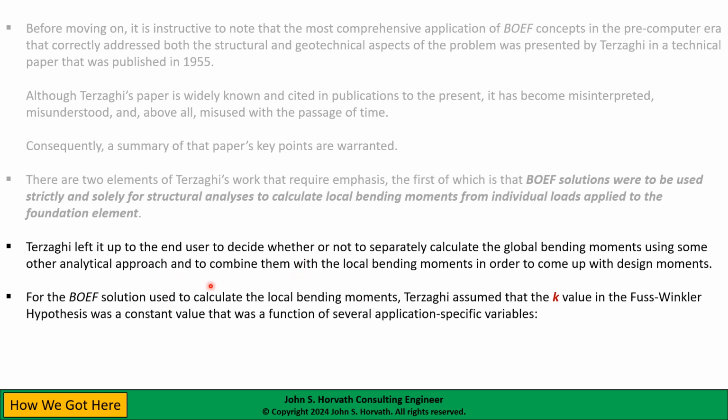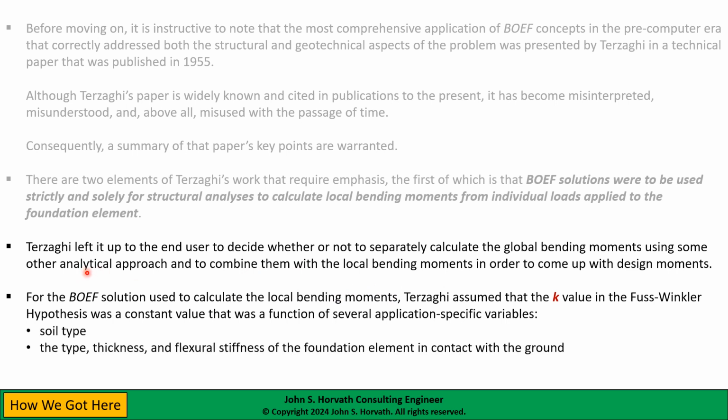And in calculating the local bending moments, Terzaghi made certain recommendations for how to evaluate the K value, the soil spring value in the Fuss-Winkler hypothesis, that was constant, but he noted it was a function of several application-specific variables.